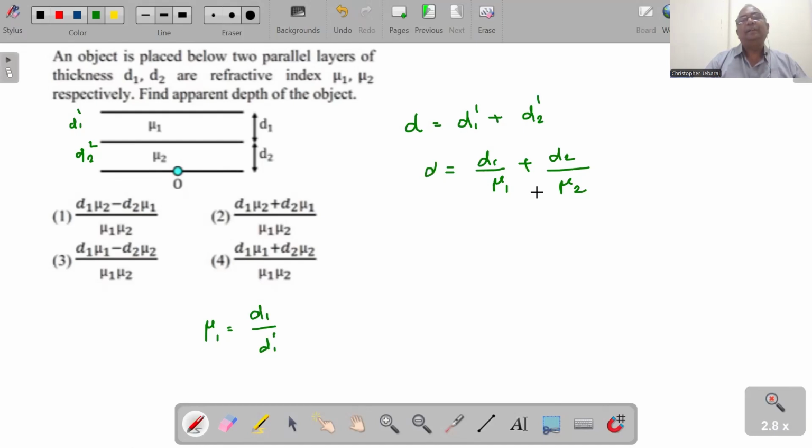This is the total apparent depth, but this is not what we need. Let us calculate this. Cross multiply mu1 mu2: D1 mu2 plus D2 mu1 by mu1 mu2. This is the answer. Okay.